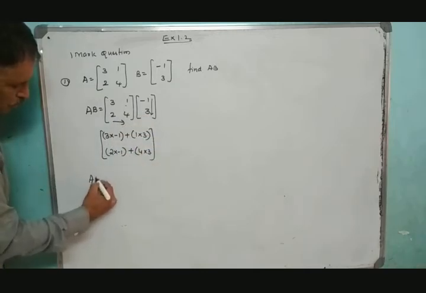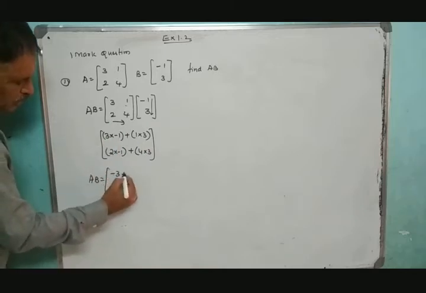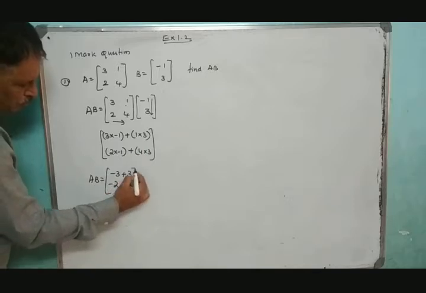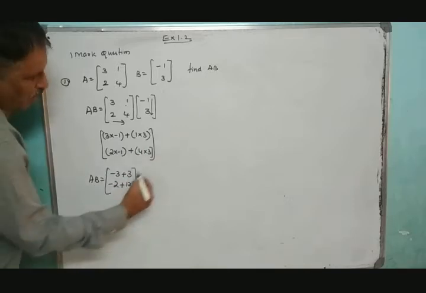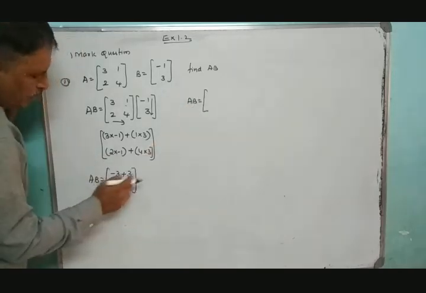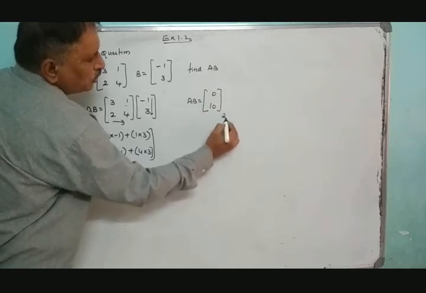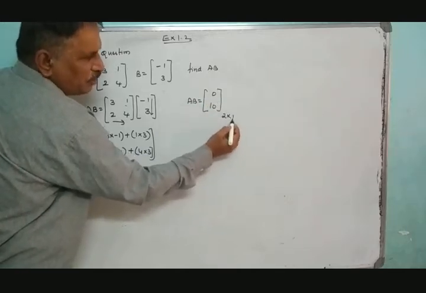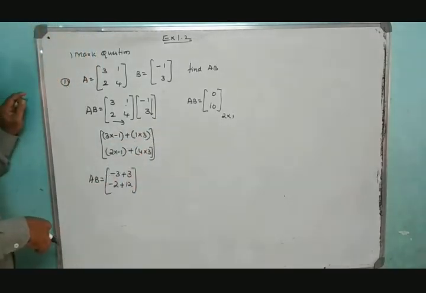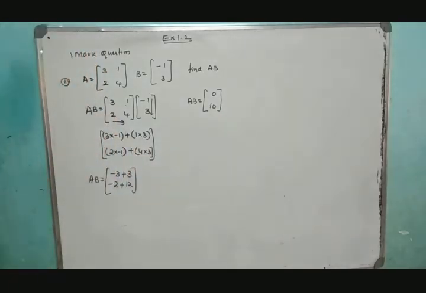So AB is equal to -3 plus 3, and -2 plus 12. Therefore AB is equal to 0 and 10. If you check, this is 2 rows and 1 column, as I said the product of AB is 2 rows and 1 column. Yes, please copy down this one.